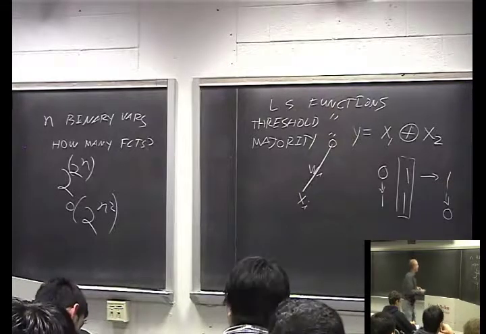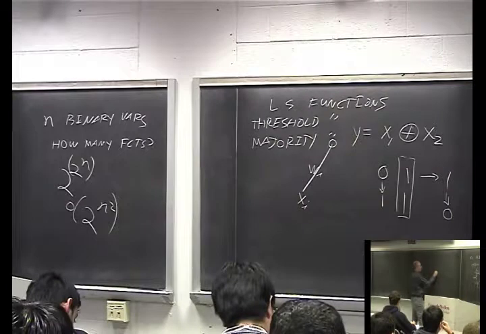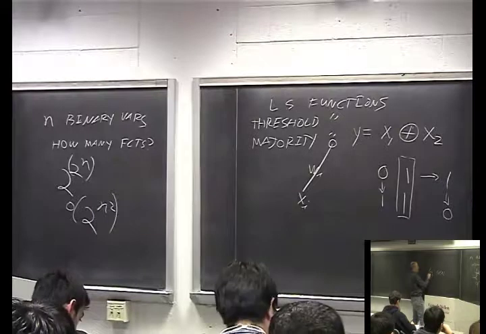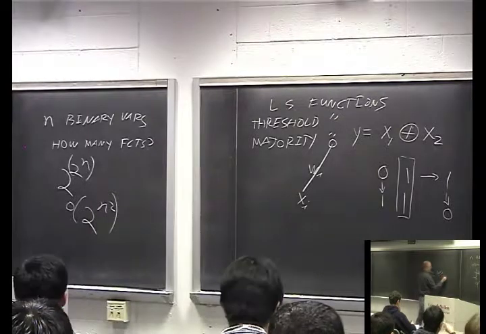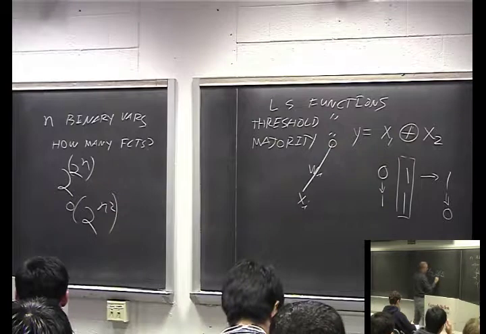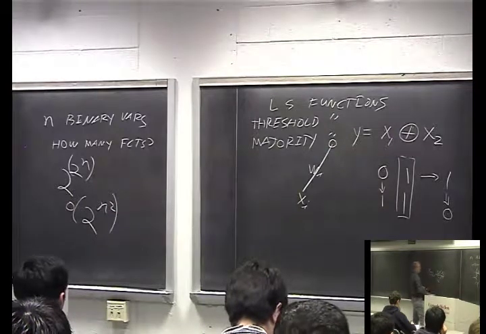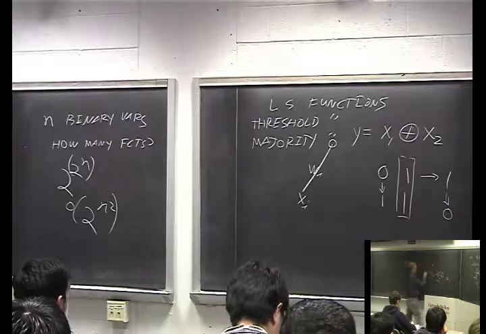So the exact theorem says that the number of threshold functions, in the limit as n goes to infinity, if you take that and divide it by 2 to the n squared, you get something that's between 1 and half.